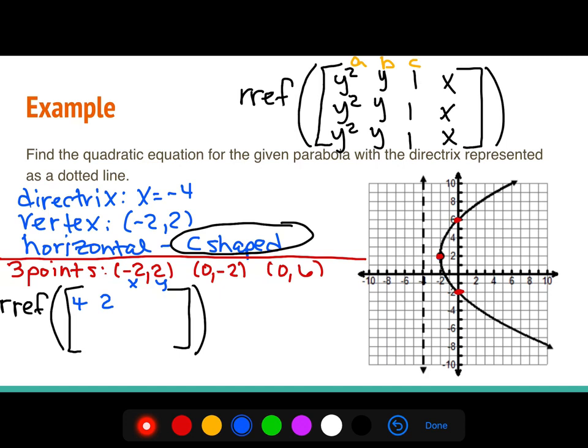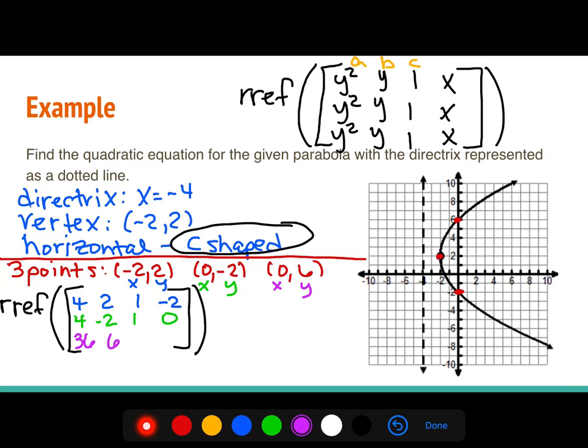So what am I going to put in the calculator? RREF of, I'm going to go for each point. Our points are x, y. So y squared, 2 squared is 4. Then comes y, then the number 1, and then x.